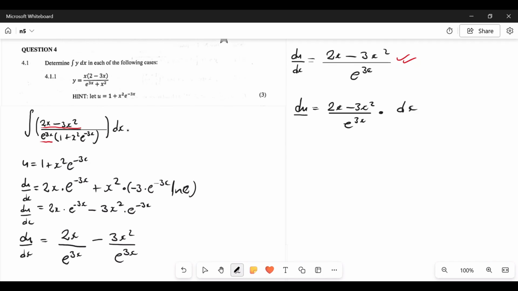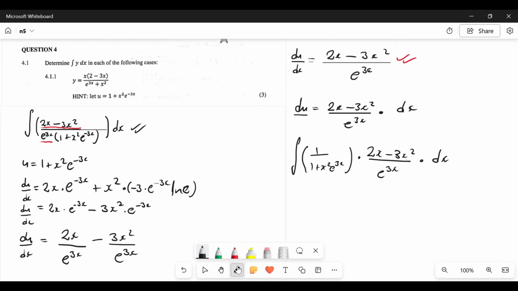So let's go back to this one. Now, let me rewrite it in a way that is easy for us to substitute. Open bracket, 1 over 1 plus x squared e to the power of 3x, close bracket, multiply. Remember, we were left with what here? 2x minus 3x squared divided by e to the power of 3x multiplied by dx.